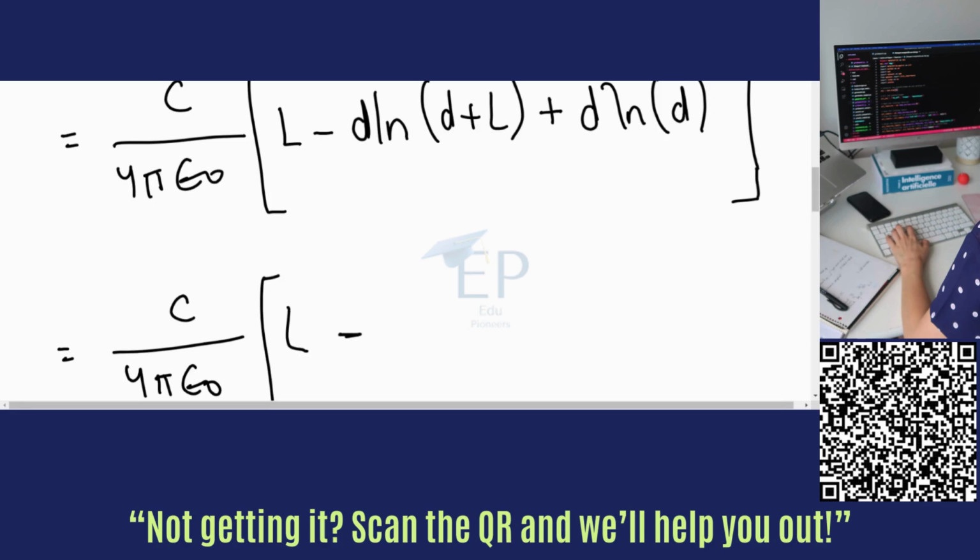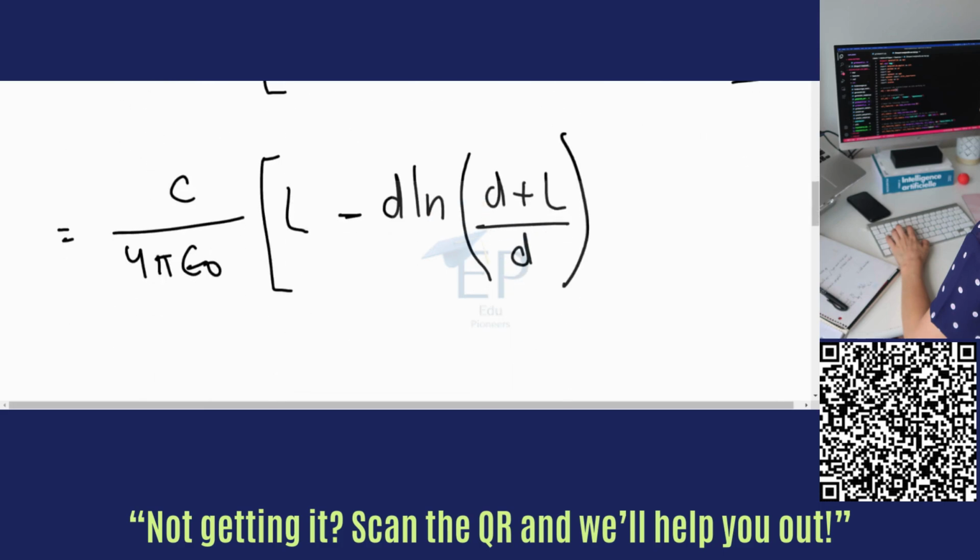We can write this as the logarithm of d plus L over d. So we can write it like this. And so we have found the electric potential.